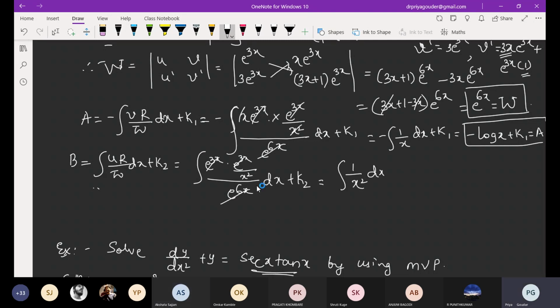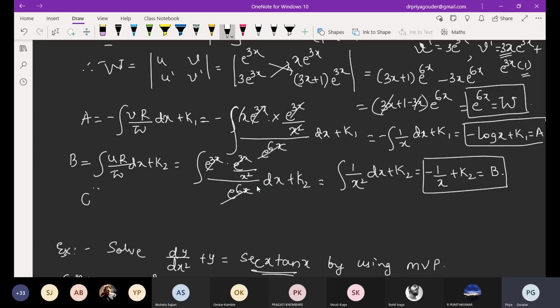What is the integration of that? Minus 1 by x. Hope everybody knows it. You can take it as x raised to minus 1, apply x raised to n plus 1 divided by n plus 1. You will get minus 1 by x.